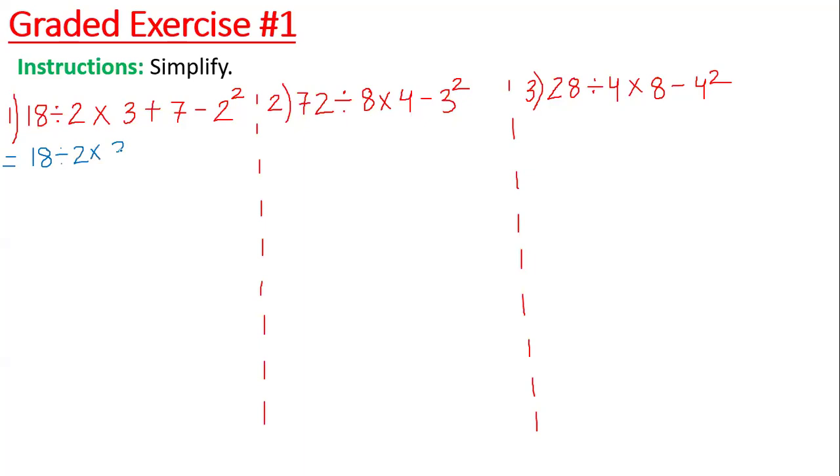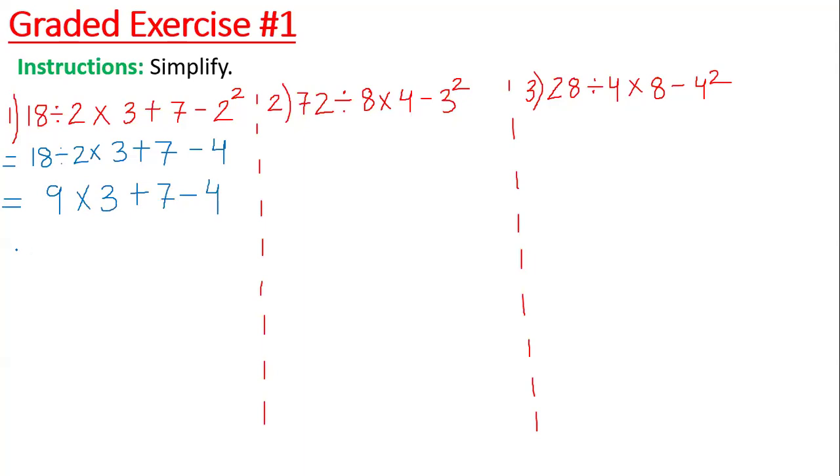Okay, what is 2 squared? 2 squared is 2 times 2, which is 4. Next, we divide. What is 18 divided by 2? 9. Multiplied by 3. Plus 7. Minus 4.